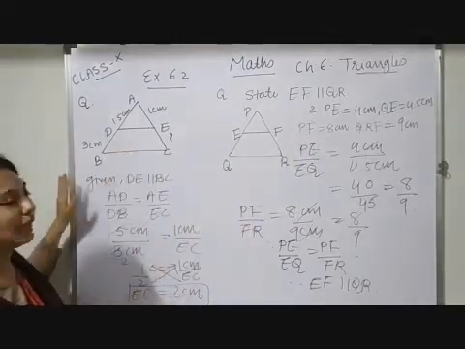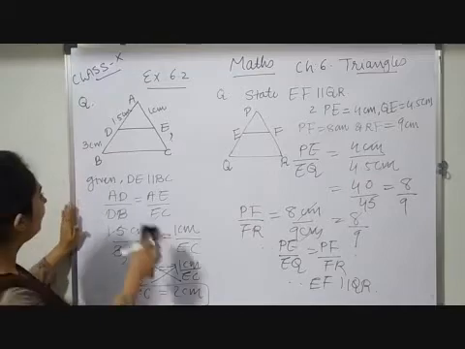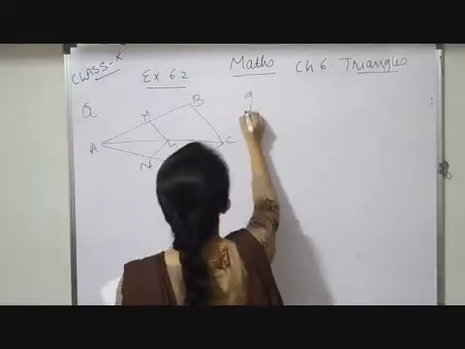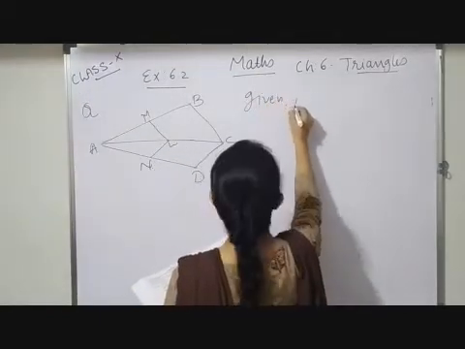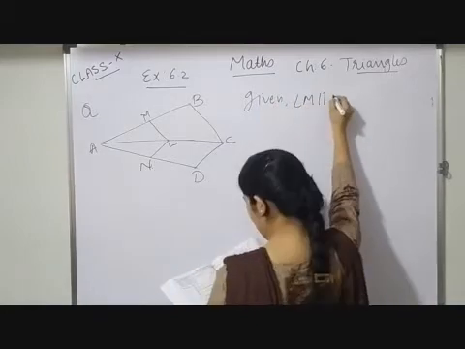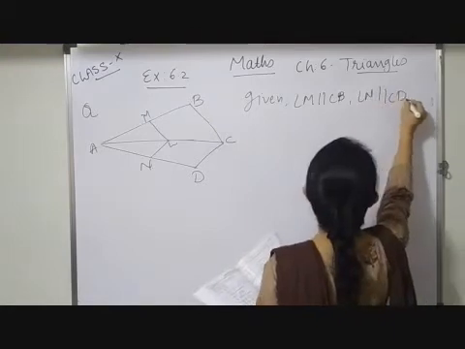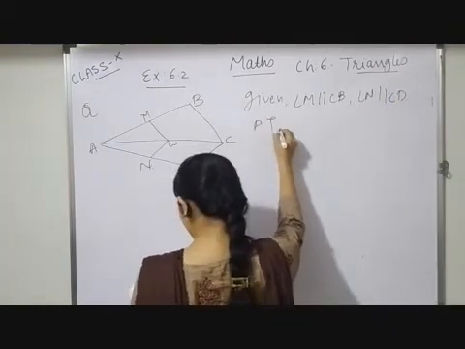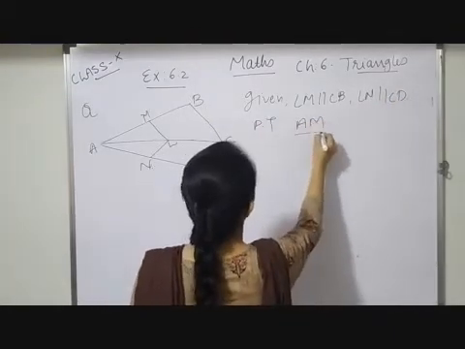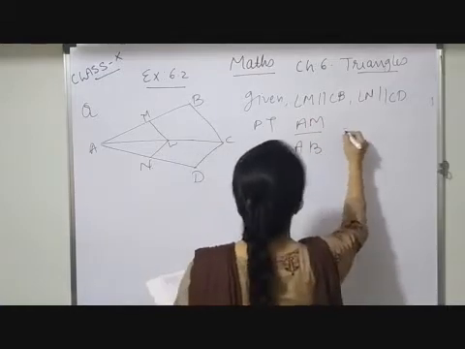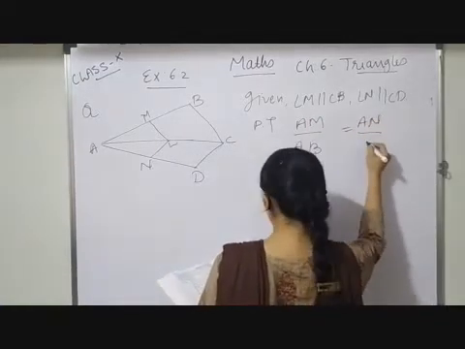Now by applying this same theorem, I will explain one more. They have given in a question LN parallel to CB and LN parallel to CD, and we have to prove that AM upon AB equals AN upon AD.